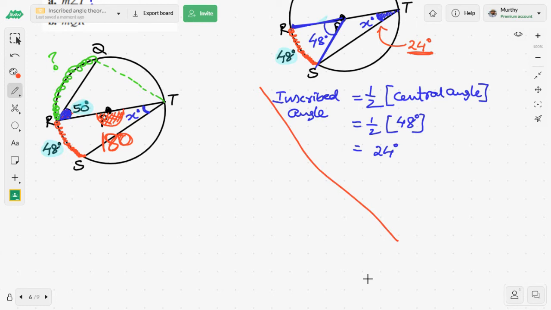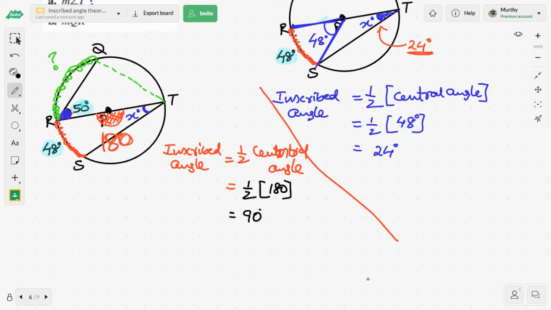Therefore, inscribed angle equals half of central angle. So half of 180 gives me 90 degrees. Actually, there is a rule that the angle in a semicircle is 90. Therefore, this is 90 degrees.